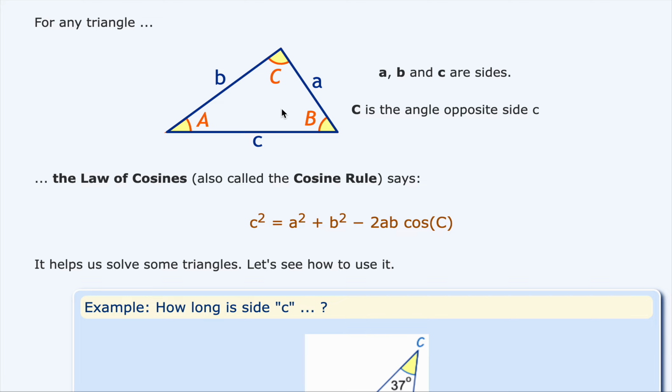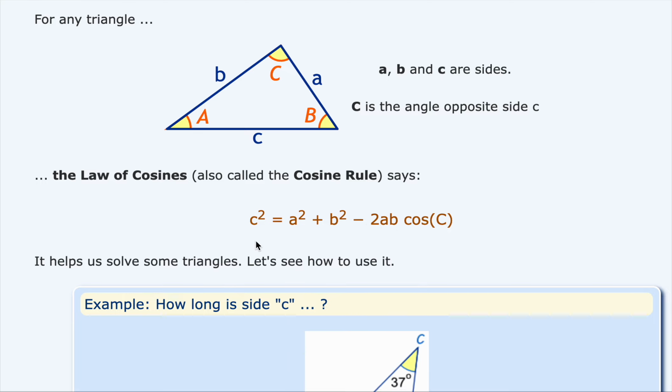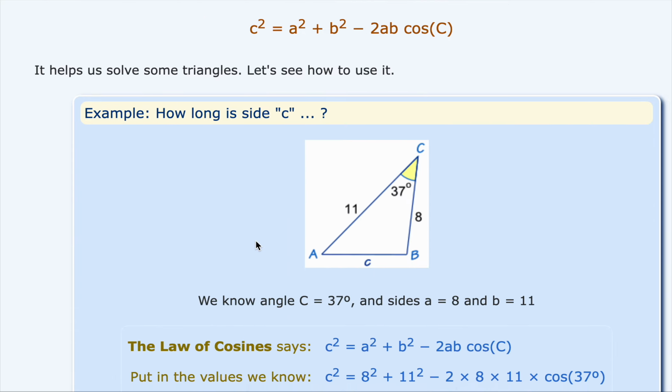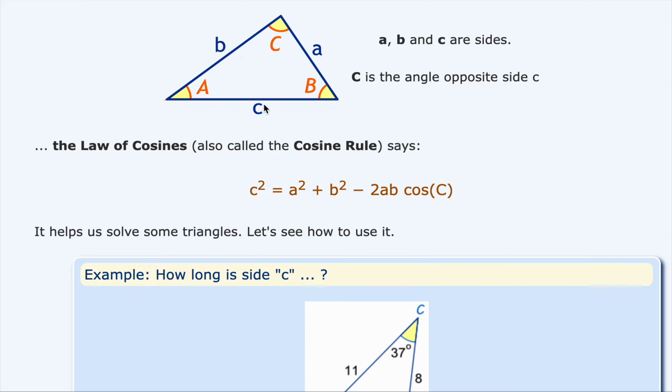So the angle should match with the side, and then you just have to memorize this. We usually name the sides and the angles opposite with a matching letter. These will be capital, these will be lowercase.